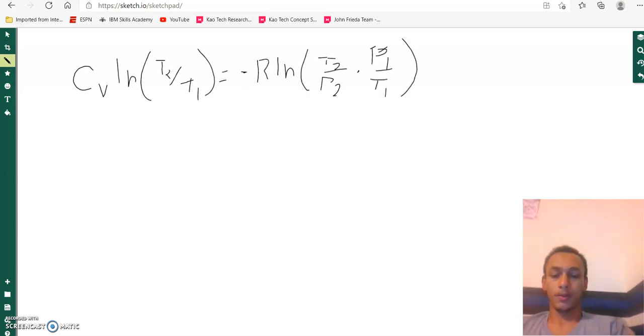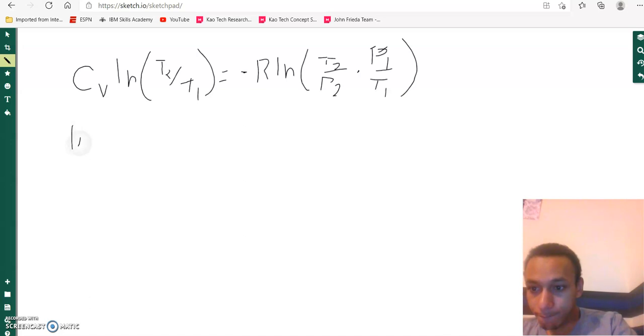What we want to do is get this R to the other side. So you divide it by negative R. And then by natural log rules, we can move that to the top before we exponentiate the equation.